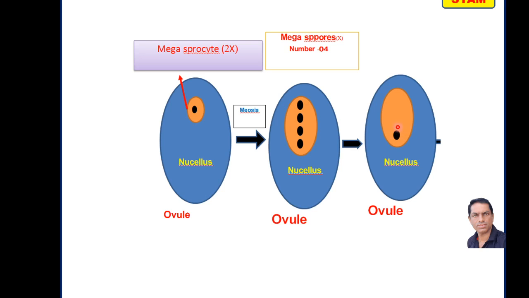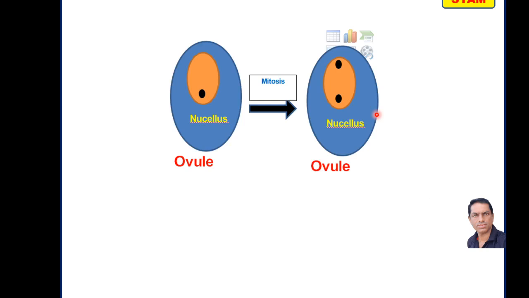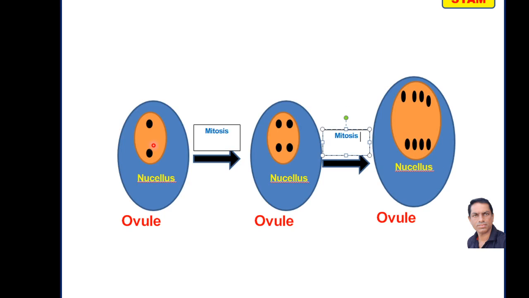This chalazal side single functional megaspore undergoes mitosis and forms two nuclei. One stays on the chalazal side, and the other migrates towards the micropyle side. Now the two haploid nuclei are present, one on the micropyle side and another on the chalazal side. These two nuclei again divide and form two haploid nuclei towards the micropyle side and two haploid nuclei towards the chalazal side.